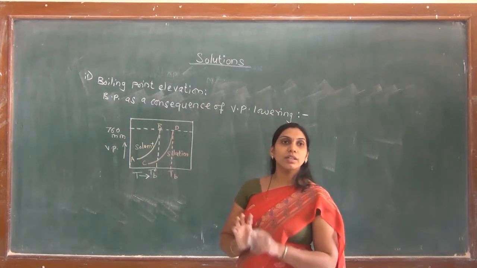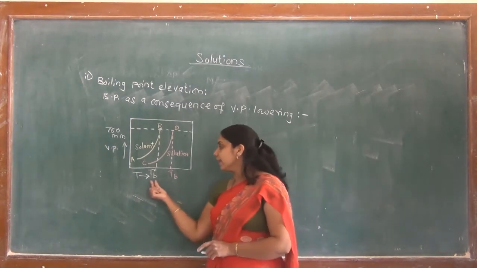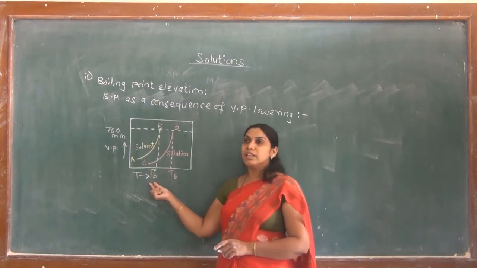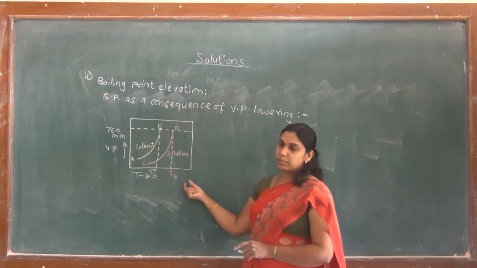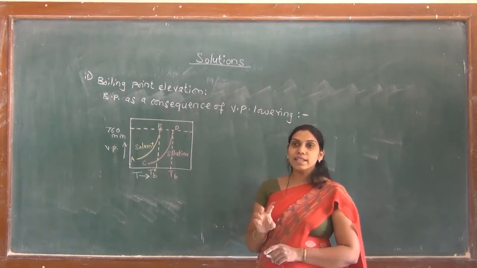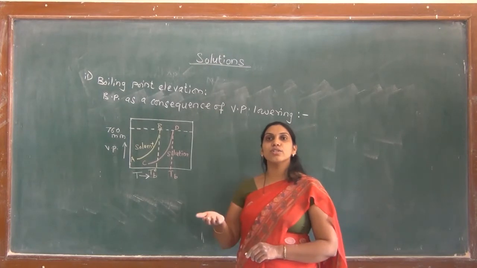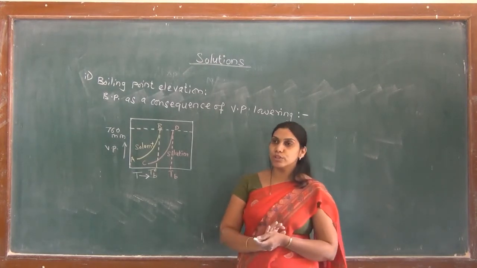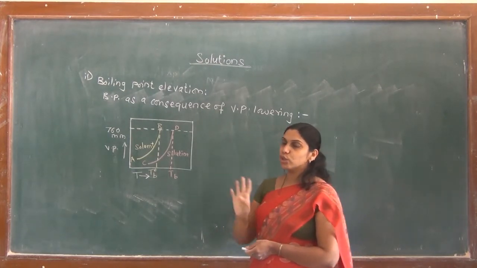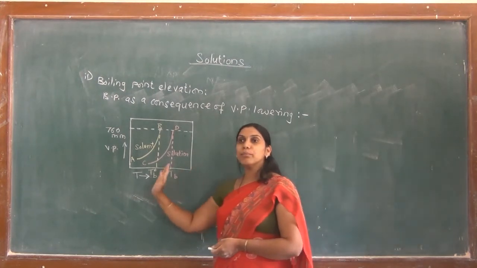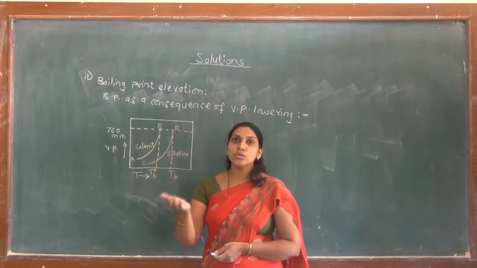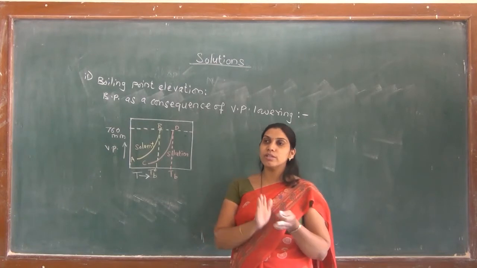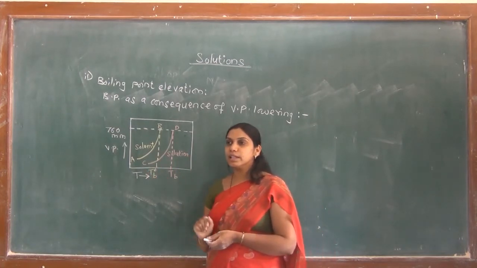If you observe the graph carefully, you will find that T0B is smaller than TB. So, we say that as there is change in the vapor pressure of the solution by addition of non-volatile solute, the boiling point of the solution also changes. When vapor pressure lowers, the boiling point increases.